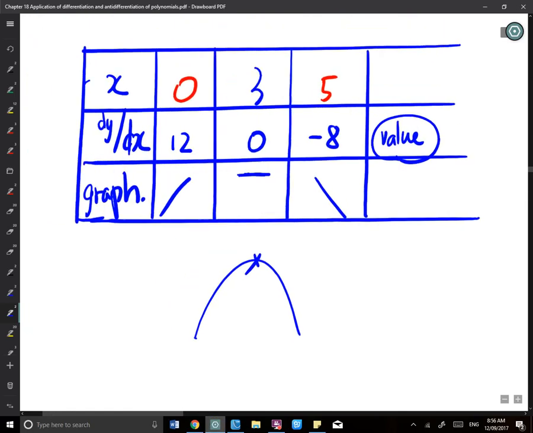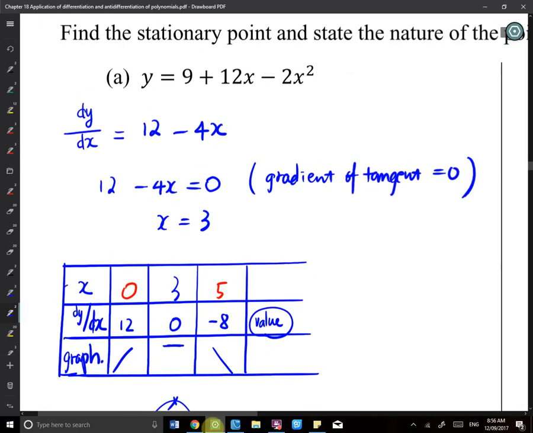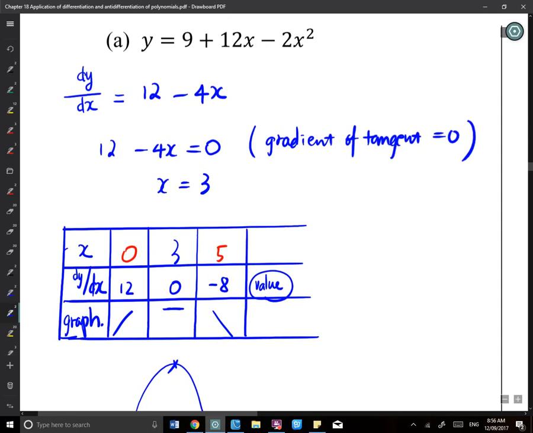So I have x equals to 3. I haven't calculated what y equals to. When x equals to 3, y equals to 9 plus 36 minus 9 minus 18. That's y equals to 9 plus 18, and y equals to 27.